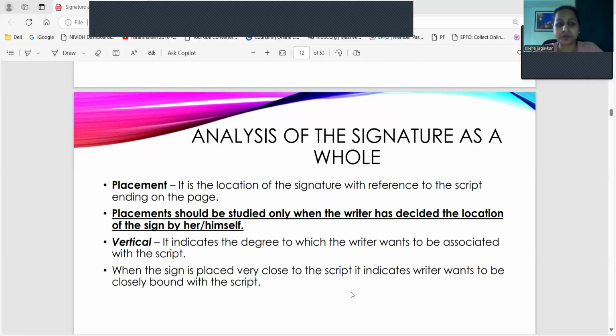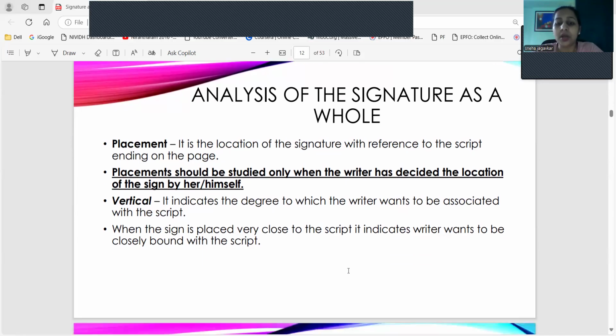Okay, great. Now, when I'm speaking about the vertical placement, it has some kind of indication. And the horizontal placement too has some kind of indication. The vertical placement indicates the degree to which the writer wants to be associated with the script.